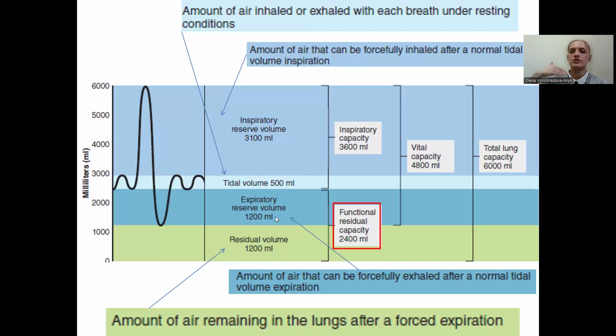Also, after expiratory reserve volume, anyway, in our lungs we have residual volume. This is the amount of air that remains in the lungs after a forced expiration.